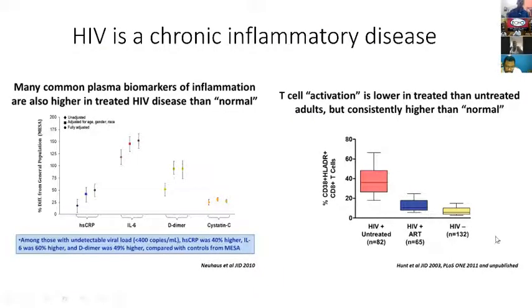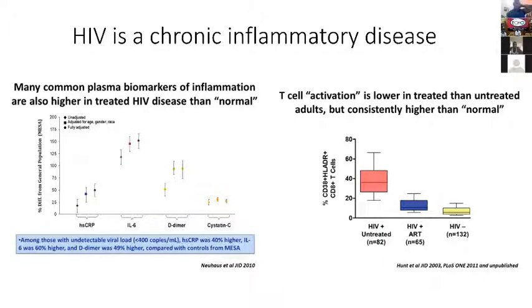And one of the things we also know about HIV is that it's a chronic inflammatory disease, separate and apart from being a viral infection, almost a chronic non-communicable disease once you suppress. So the chart on the left shows some inflammatory markers: high sensitivity C-reactive protein, interleukin-6, D-dimer, cystatin C. The higher those lines go, the higher the percentage difference from the general population.